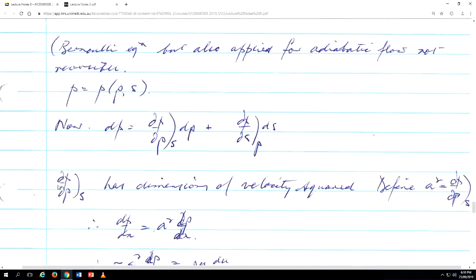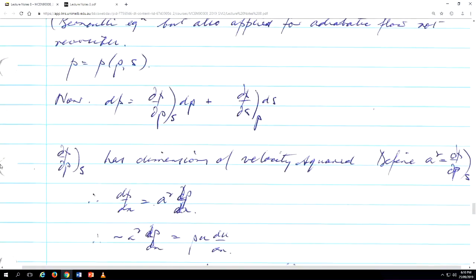And I've already talked today about the fact that dP d rho at fixed S will have the dimensions of a velocity squared. P over rho is like a half u squared, so it has the dimensions of a velocity squared, and we're going to define dP d rho as a squared.